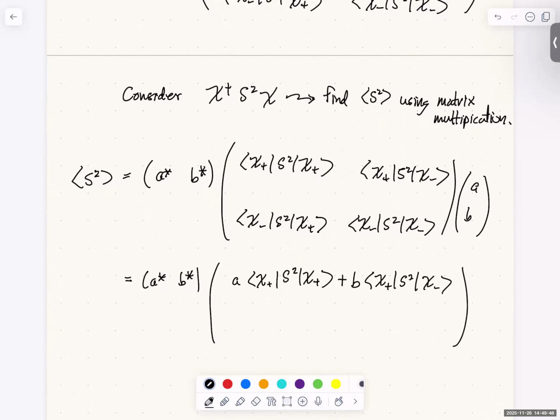That's the first row. This is 2 by 2 times 2 by 1, so we should get a 2 by 1 out, a column matrix. Then again we have A times this plus B times that: A chi minus S squared chi plus, plus B chi minus S squared chi minus.